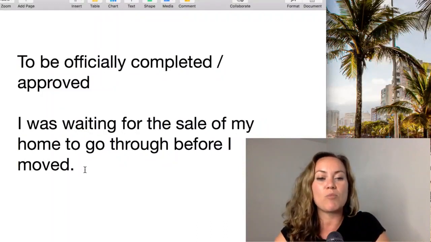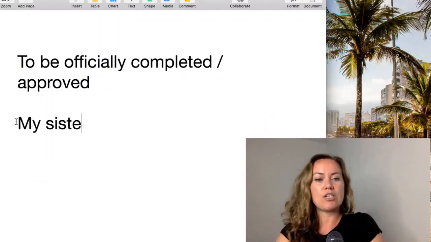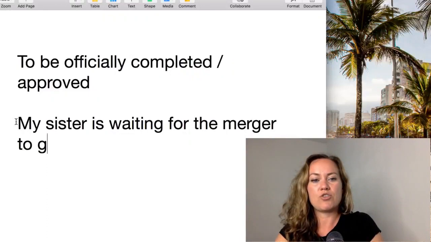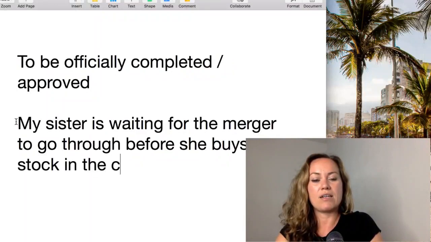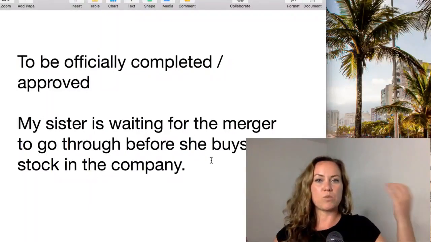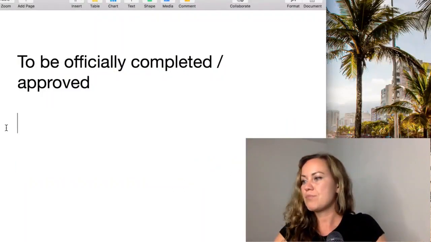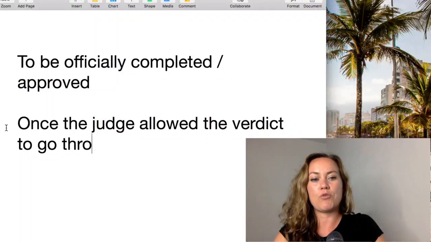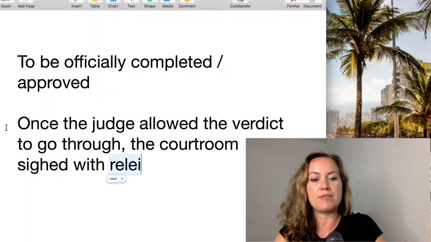But it sounds more natural, more native-like to use a phrasal verb in this case and in most cases. My sister is waiting for the merger to go through before she buys stock in the company. So merger is when two companies go together, merge together, or move together. Once the judge allowed the verdict to go through, the courtroom sighed with relief.